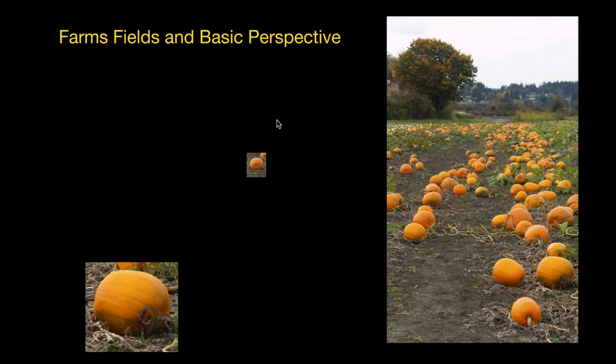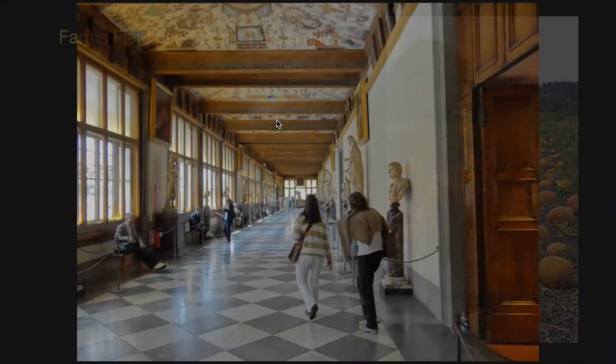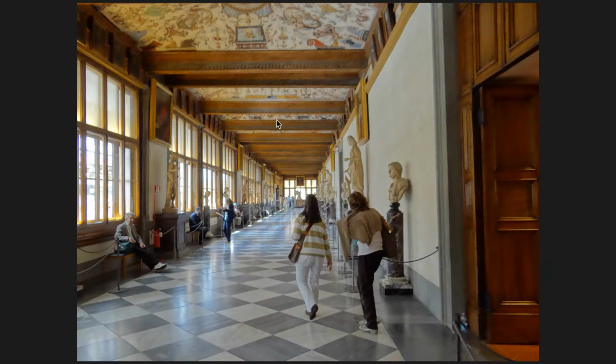And so we judge distance every minute of every day. When we look at the pumpkin photo on the right, we can almost tell how many steps it's going to get from the pumpkin in the front to the pumpkin in the middle to the pumpkins in the back. We have an automatic gauge inside of us that helps us to judge distances by the size of things. Here I am in a museum, and you don't know I'm in the museum because I'm the one with the camera.